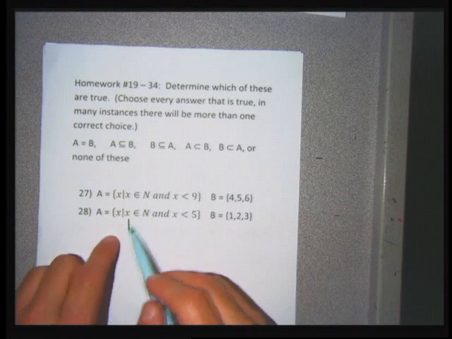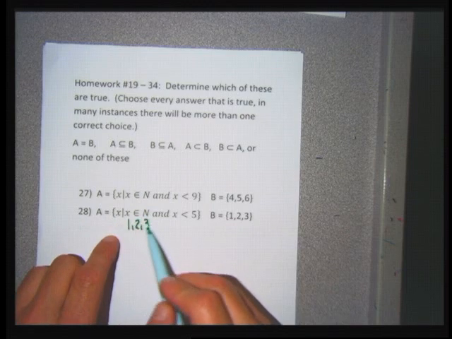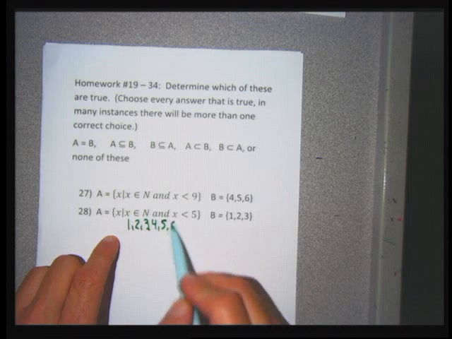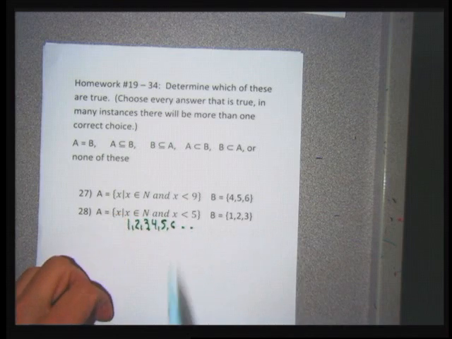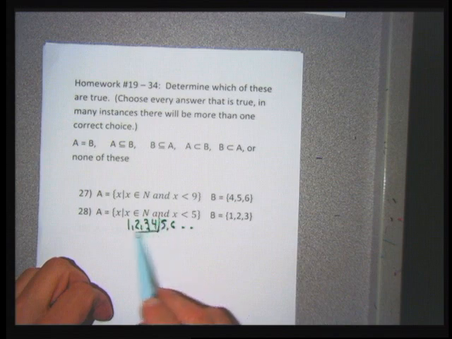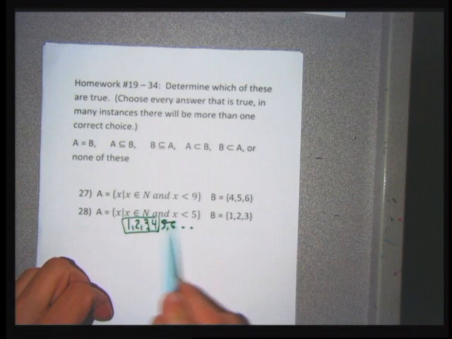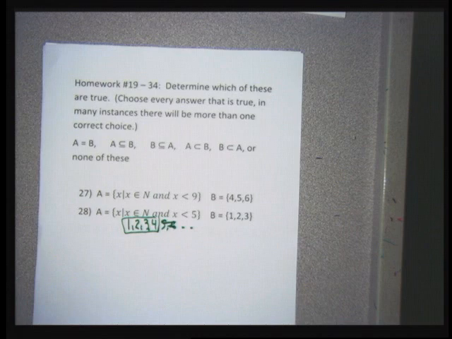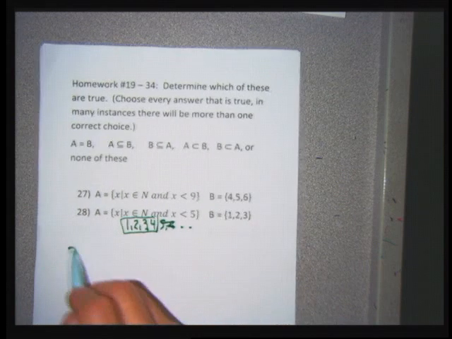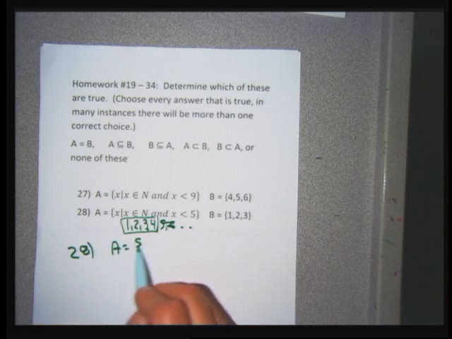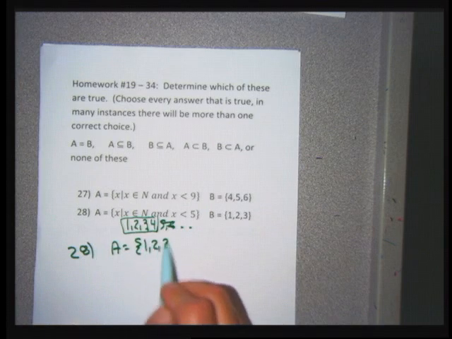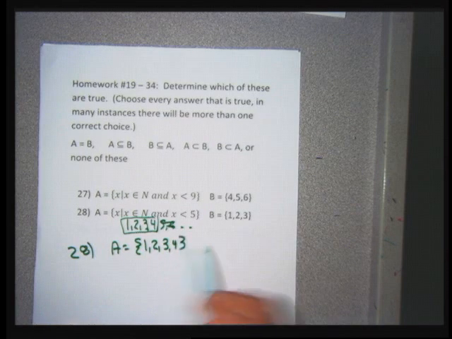Well, natural numbers are like 1, 2, 3, 4, 5, 6, and they go on forever. But it says less than 5. So I'm only counting the natural numbers less than 5. So the roster form for set A in problem 28 is 1, 2, 3, and 4.